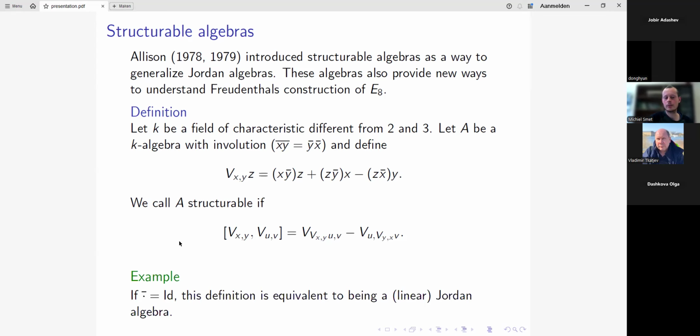To reiterate the main point that this is a generalization of Jordan algebras, observe that if the involution is the identity, this axiomatization is equivalent to being a linear Jordan algebra. So a linear Jordan algebra will be a structurable algebra with trivial involution. Conversely, a structurable algebra with trivial involution will be a Jordan algebra.